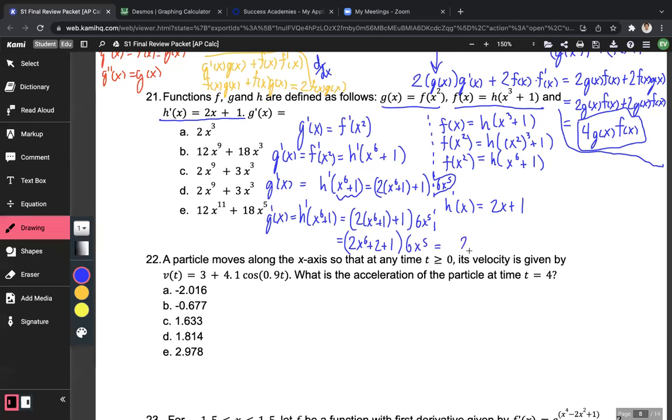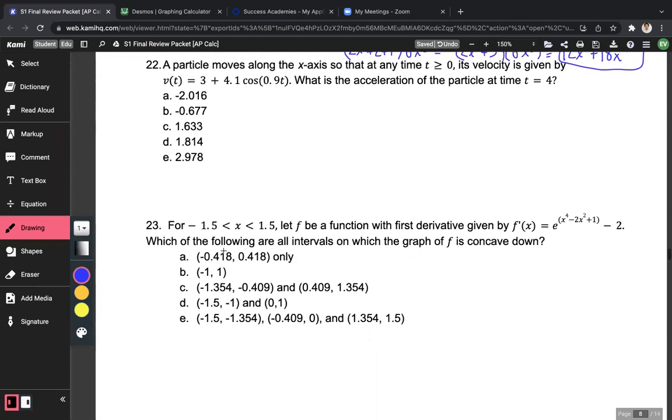That is going to equal 2x to the 6th plus 3 times 6x to the 5th. That is going to equal 12x to the 11th, I add my exponents, I multiply those guys together, plus 18x to the 5th. Answer choice E. Whew. All right, almost done.